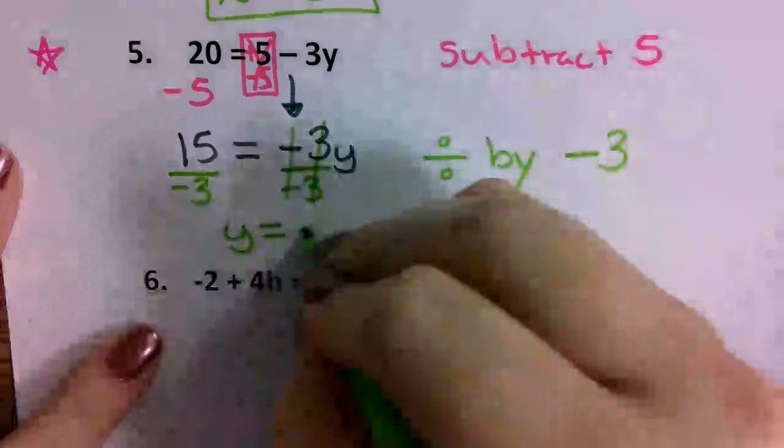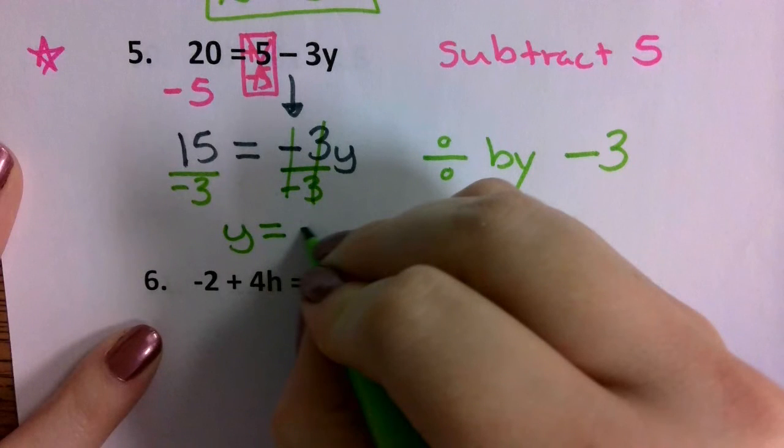Okay, we're going to divide both sides. 15 divided by negative 3 is going to come out to a negative 5. So we get y is equal to negative 5, not a positive 5.